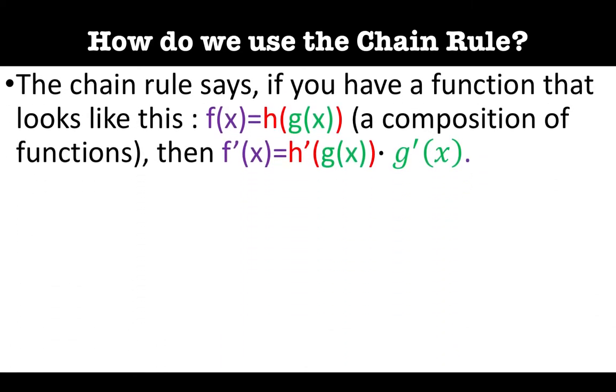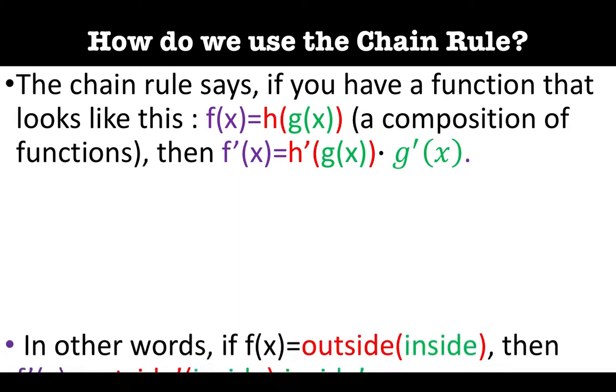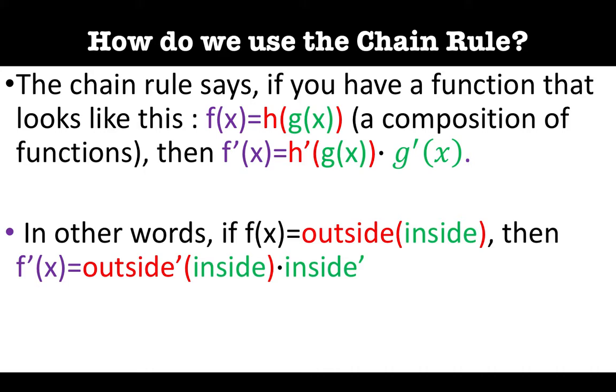The chain rule says if you have a function that looks like this, f of x is equal to h of g of x, a composition of functions, then here is the derivative. Take the derivative of the outer function h while keeping the inner function the same, times the derivative of the inner function. This is how the chain rule will work out. I also added this in case some people are not comfortable with this notation.